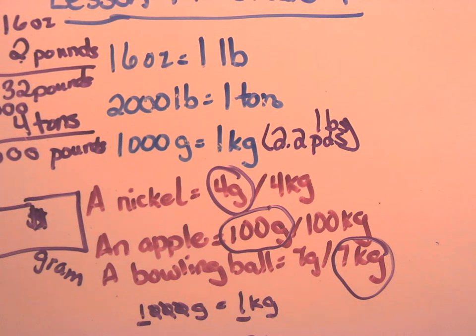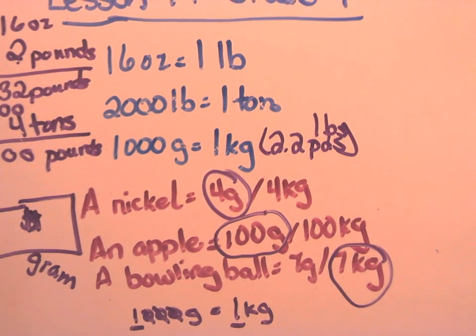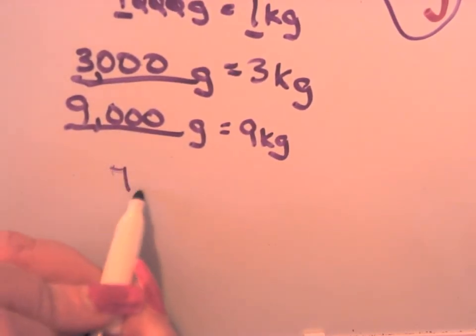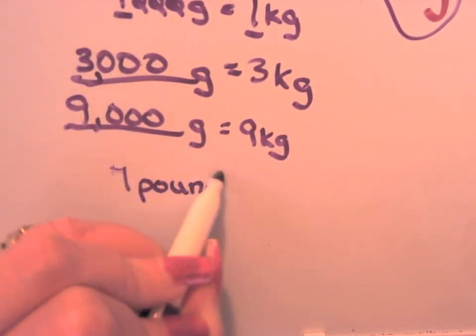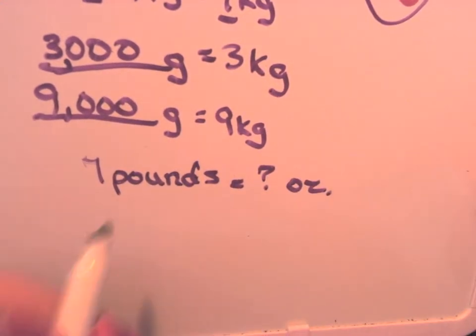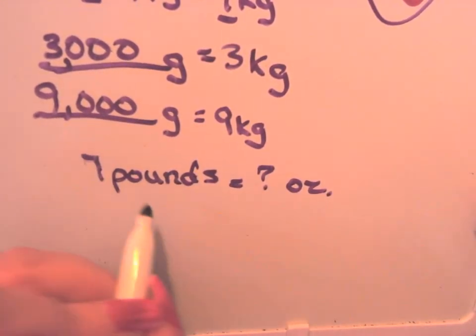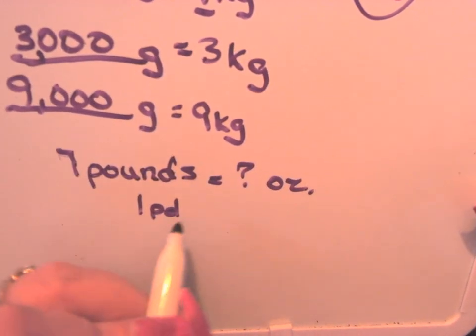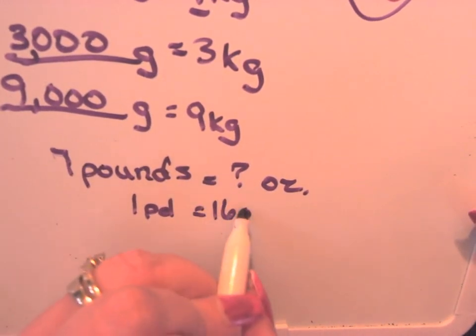Okay. How about 7 pounds equals how many ounces? Let's just look at that one real quick and then I'll end your lesson for today. 7 pounds equals blank ounces. Now, we said 1 pound equals 16 ounces.